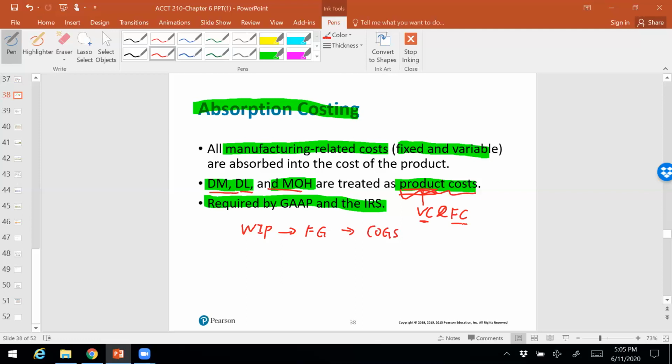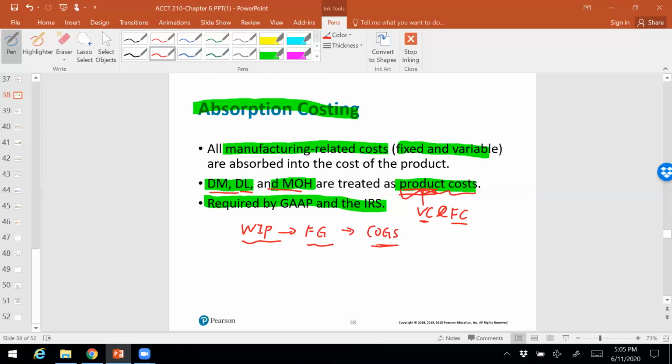But when we do our absorption costing method, we don't care. I said, hey, I don't care if you're fixed cost or variable cost. As long as you are product cost, I put you in the manufacturing part and become my inventory, and I will expense you when I sell you.